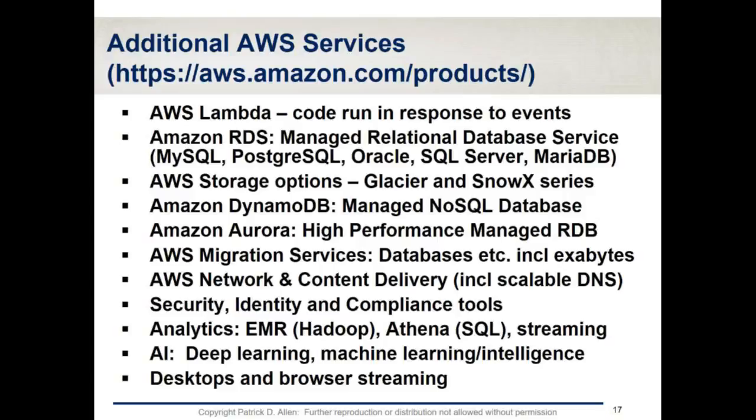Amazon RDS, the Relational Database Service, offers things like MySQL, PostgreSQL, Oracle, SQL Server, MariaDB, so they've got a lot of different relational databases that you can use. Remember I mentioned database as a service? Well, this is the type of thing you could look at. They've got a whole bunch of different storage options.